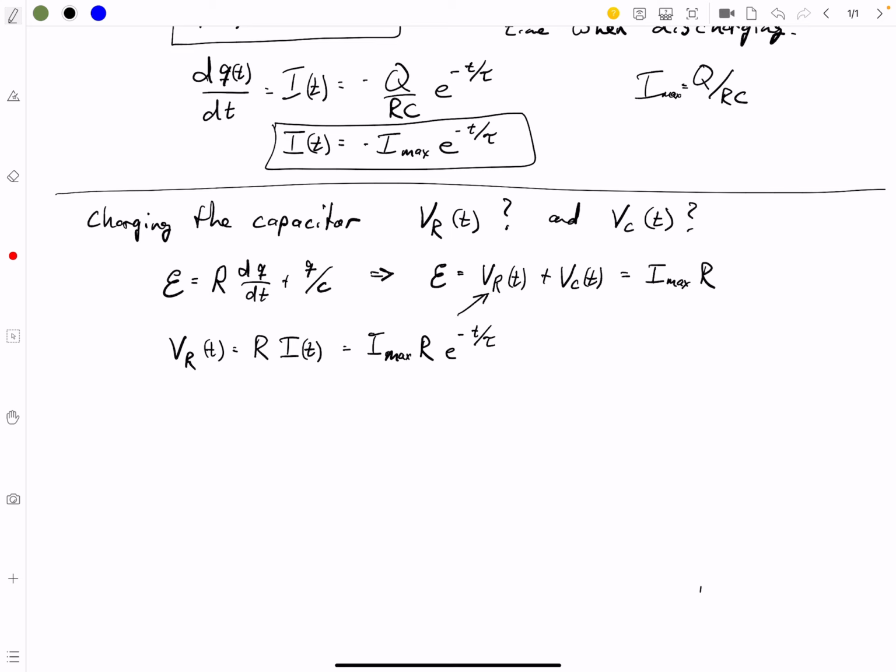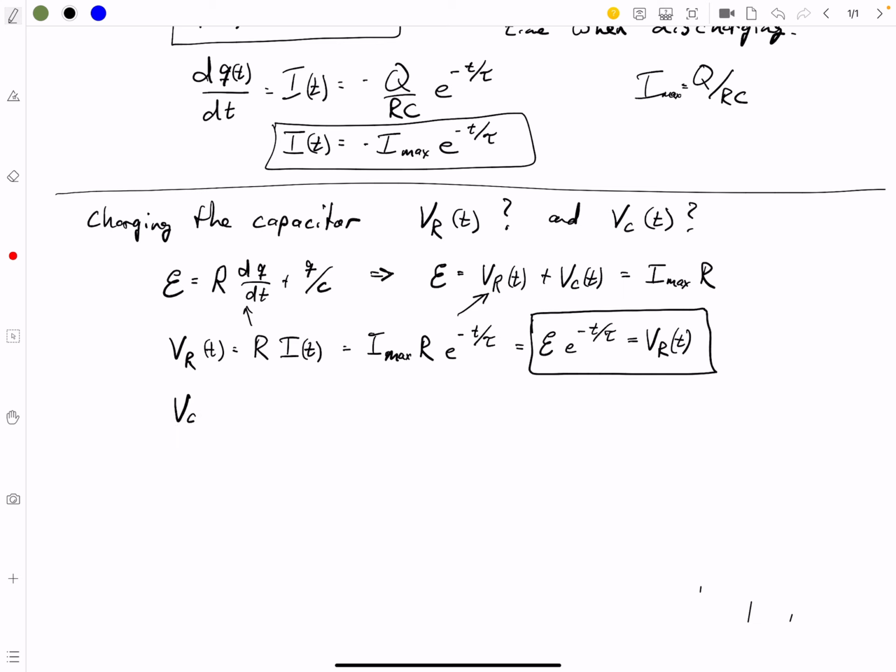That's going to go in there. What does this really equate to? IR is nothing but our epsilon, our EMF times e to the minus t over tau. So I'm going to rewrite this over here on this side so we can box it in nice and clean.